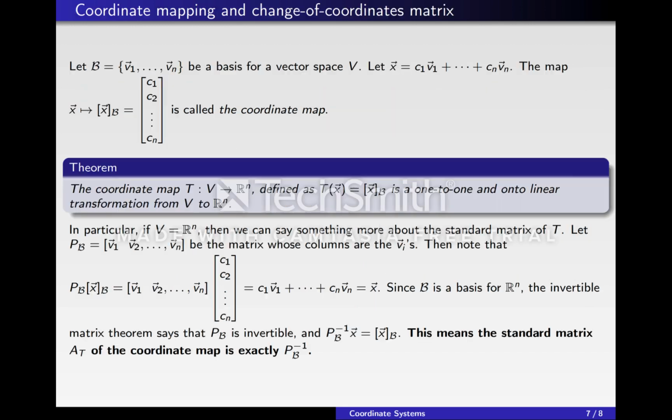And look at the theorem from the slide. As I said before, the coordinate map preserves all the linear relationships between vectors in V and their coordinate vectors in R^n.